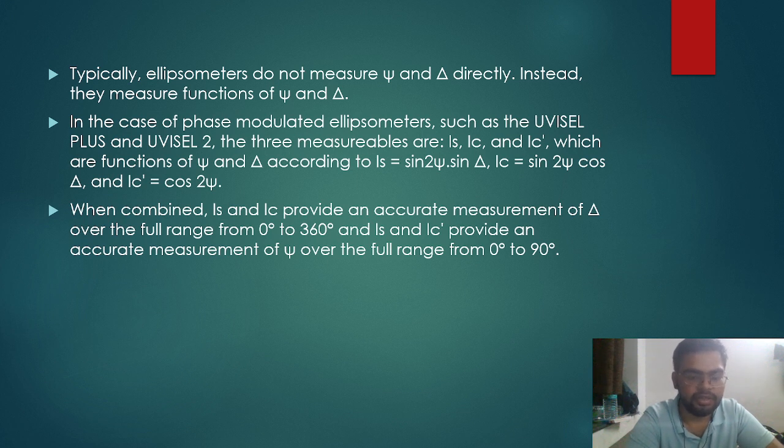When combined, Is and Ic provide an accurate measurement of delta over the full range of 0 to 360 degrees, and Is and Ic dash provide an accurate measurement of psi over the full range of 0 to 90 degrees.